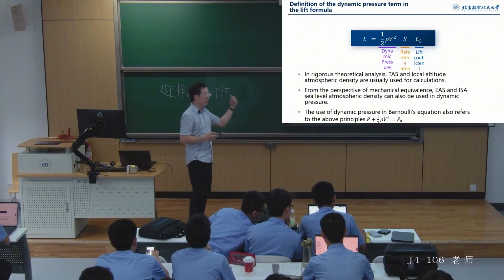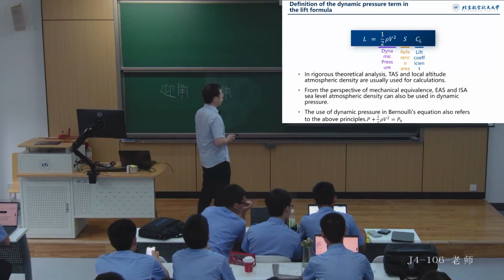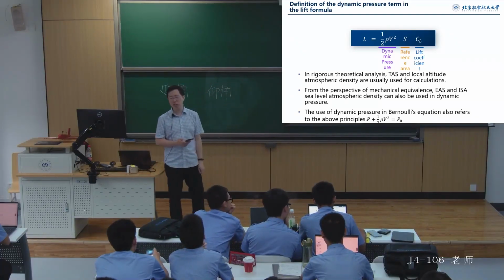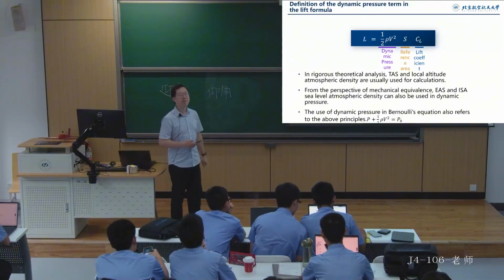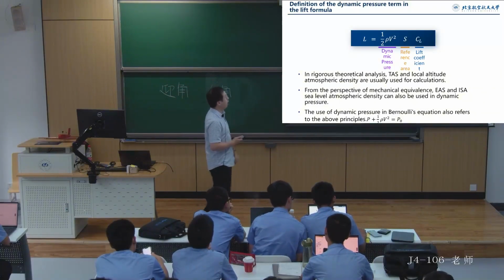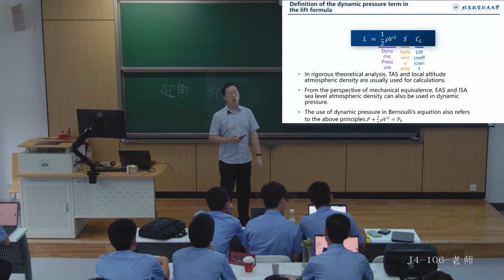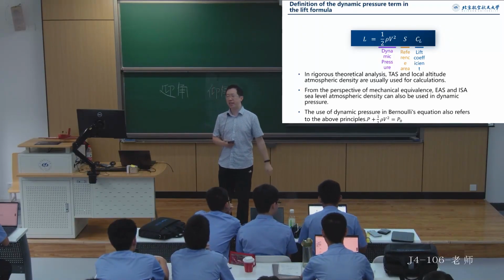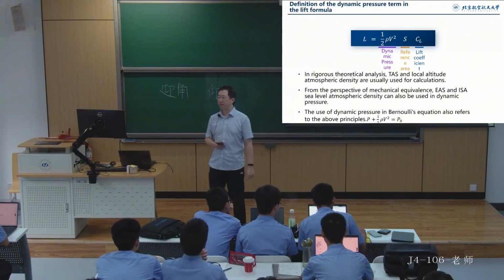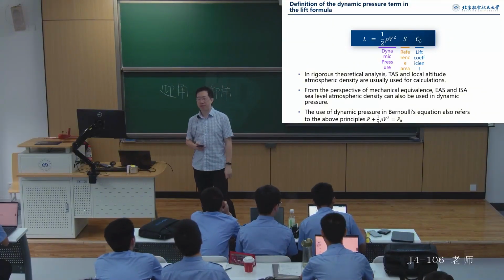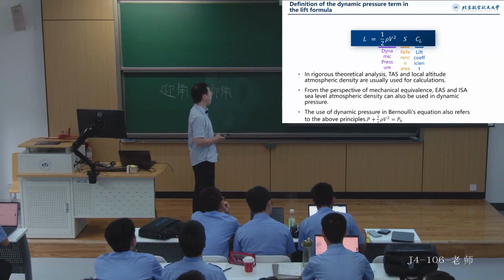Next, let's examine some issues more related to our flight, such as when the aircraft is climbing during flight. As our flight altitude continues to increase, recall what we discussed earlier about the standard atmosphere. What happens to the atmospheric density? The atmospheric density decreases, right?